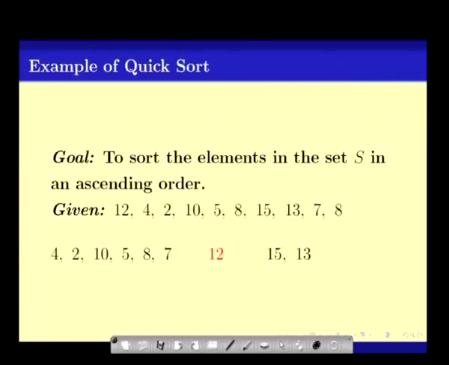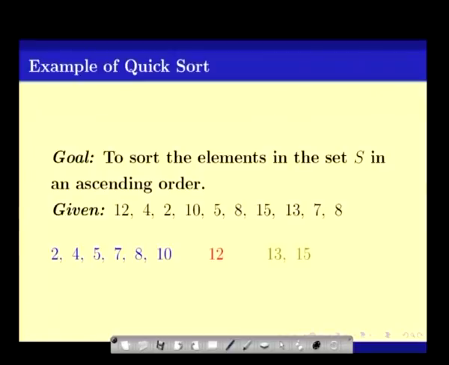Now, all we need to do is take the elements on the left and sort them. How do we sort them? We will recursively call the sorting algorithm, and similarly we do for the ones on the right of 12.